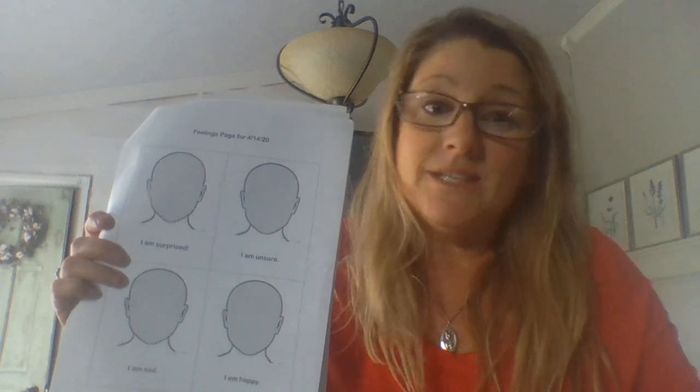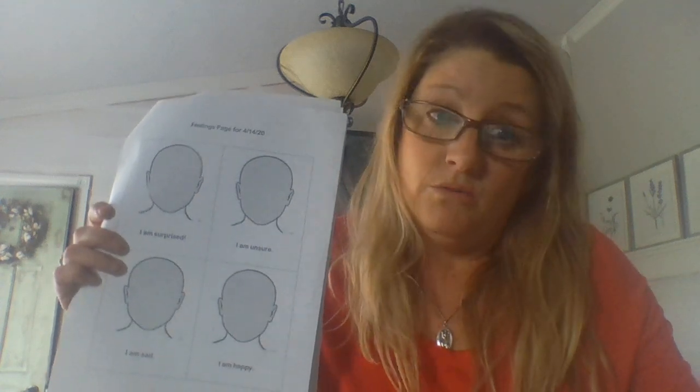You don't understand. You don't know. And so that look can just kind of look, I don't know. So see if you can make that face. Can you make an unsure face? I don't know. And then see if you can draw me a face that's unsure.